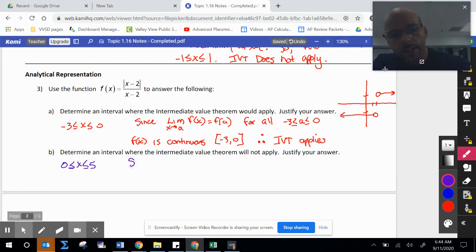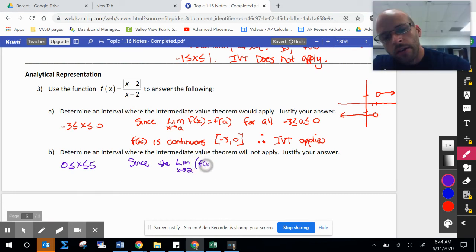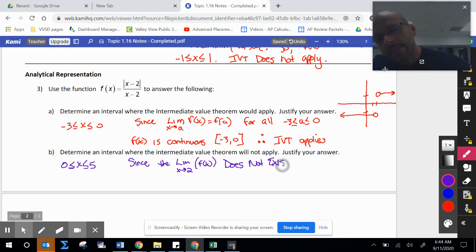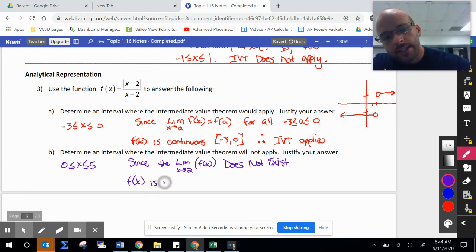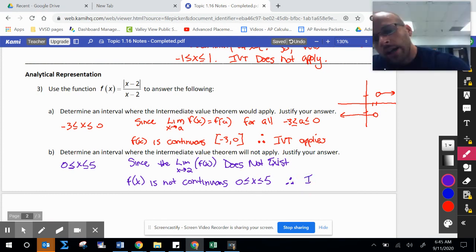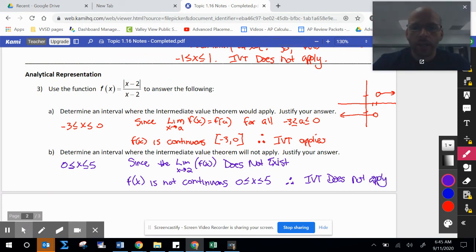And then I'm going to say here, very similarly, since the limit as x approaches 2 of f of x does not exist, f of x is not continuous from 0 to 5, therefore IVT does not apply. Okay, so something like that.